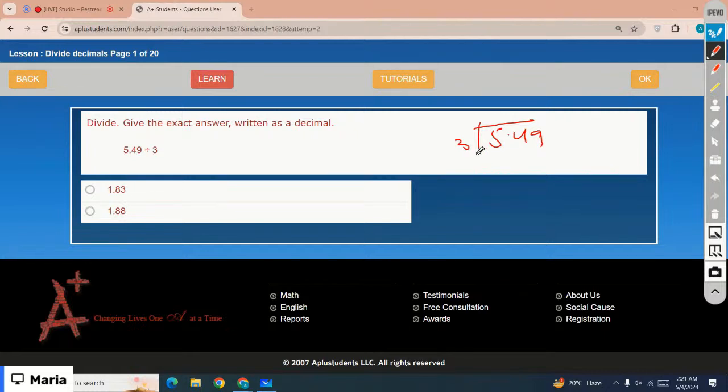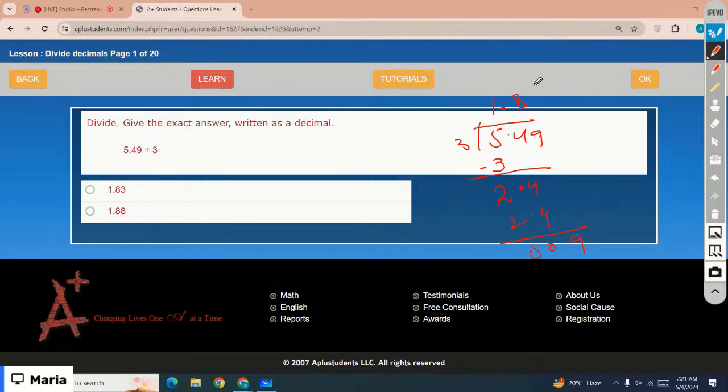Okay, 3 times 1 is 3 and 5 take away 3 is 2. Now 2 is less than 3, you cannot divide 2 by 3, right? So you need to bring the 4 down, and you need to keep the decimal point over here. Now you have to count 3 until 28, so 3 times 7 is 21, 3 times 8 is 24. That is 2.4. So now you have the only digit 9.